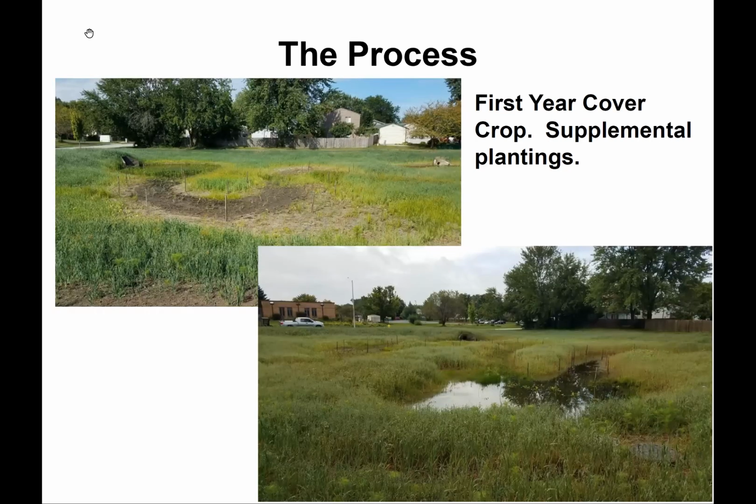Okay, and this is 2 months later. You can kind of see that serpentine channel coming in, and actually, if you look to the left, top left picture, that left basin actually has a little bit of cattails already starting to grow 2 months later. And then you'll see the other end of the basin here on the lower right. So this is just 2 spots. And then what we did was we came back in, we seeded this early, and then once we knew where the wet and dry areas were, that's when we plugged it.